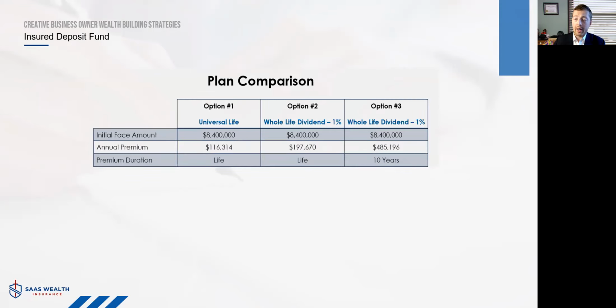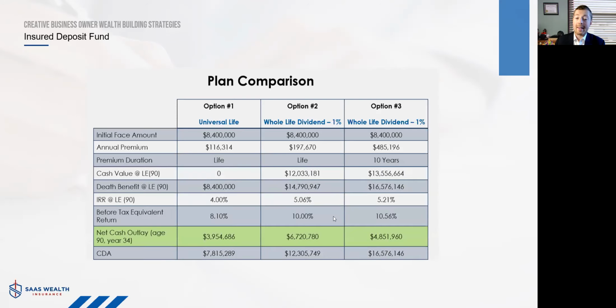So as an example here, if this was a 55-year-old business owner, this business owner could put $116,000 into a minimally funded UL, $197,000 into a whole life plan, or an accelerated whole life plan where they're only contributing for 10 years. What does that mean at the end?